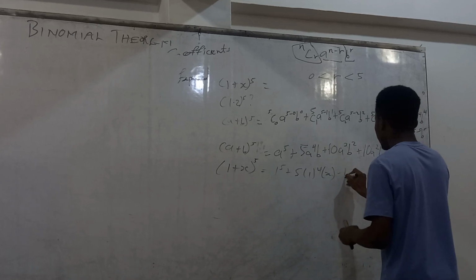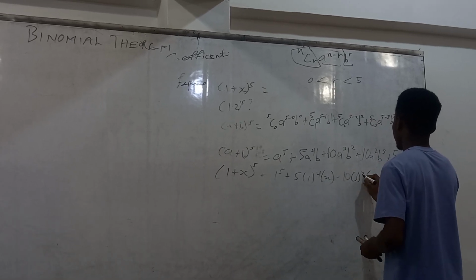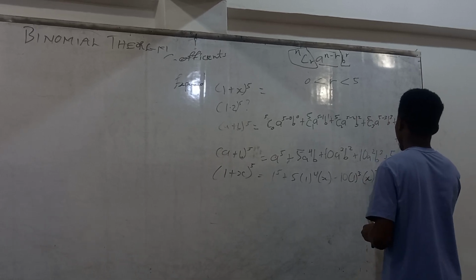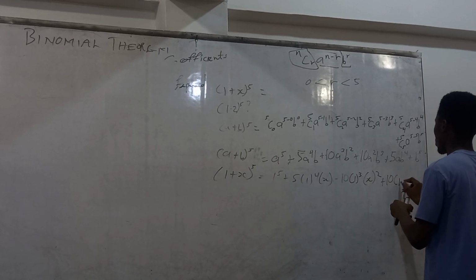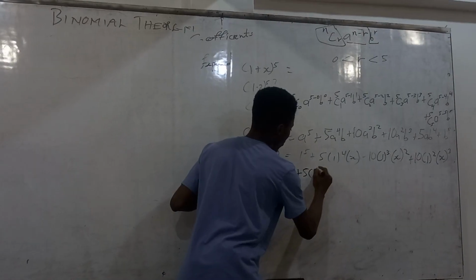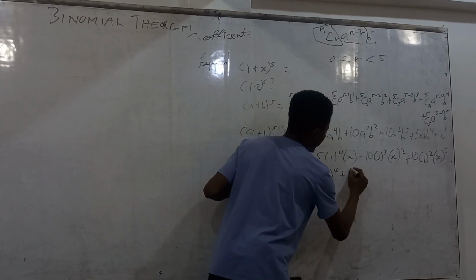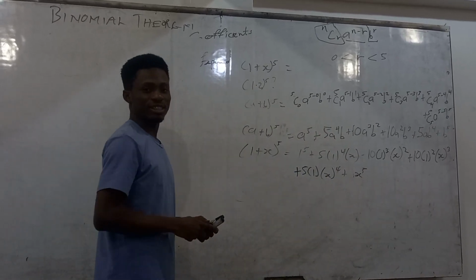So here becomes 1 to the power 5, plus 5 times 1 to the power 4 times x, plus 10 times 1 to the power 3 times x squared, plus 10 times 1 to the power 2 times x cubed, plus 5 times 1 times x to the power 4, plus x to the power 5. So that is it.